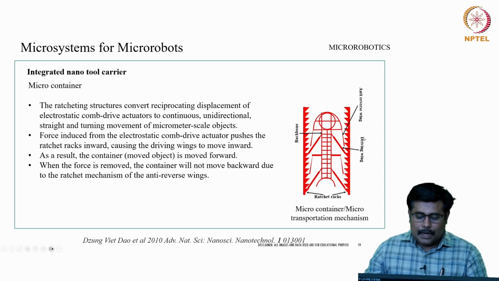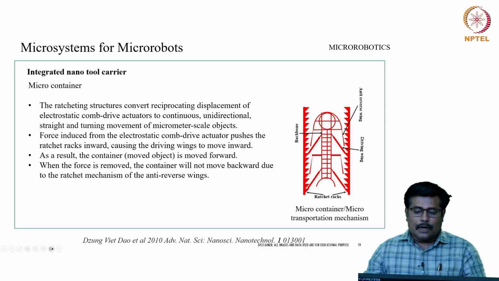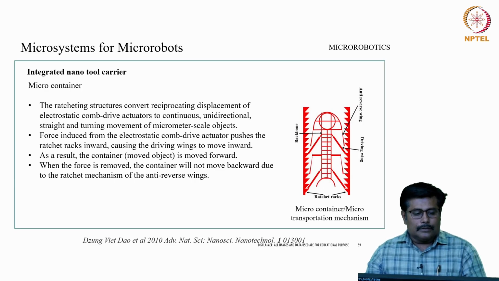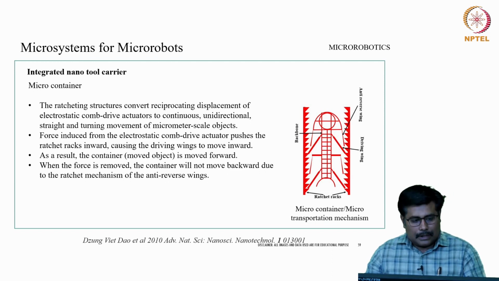Now, let us take another example, which is a micro container and a micro transport mechanism. As far as this micro container is concerned, the ratcheting structure converts a reciprocating displacement of an electrostatic comb drive actuator to continuous unidirectional straight and turning movement of the micrometer scale object.